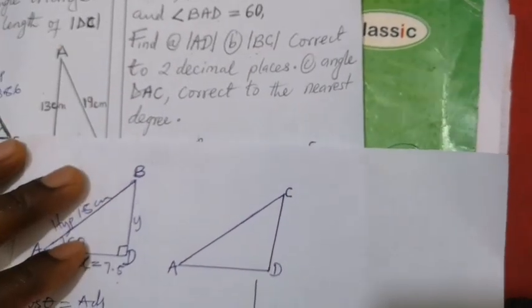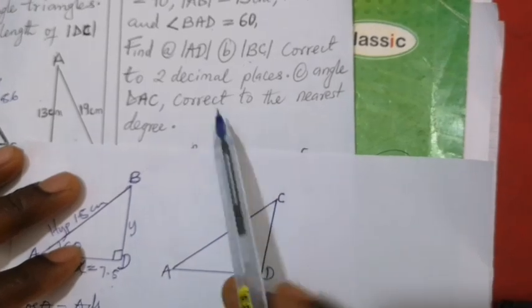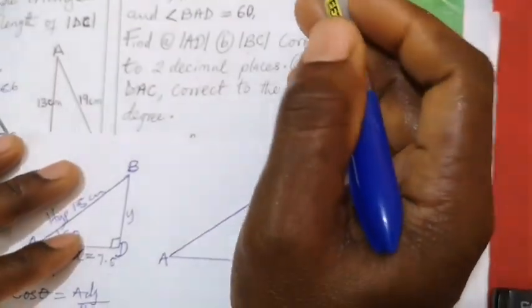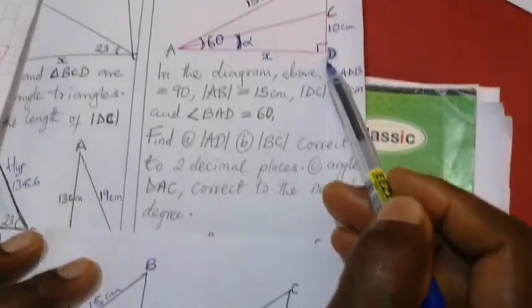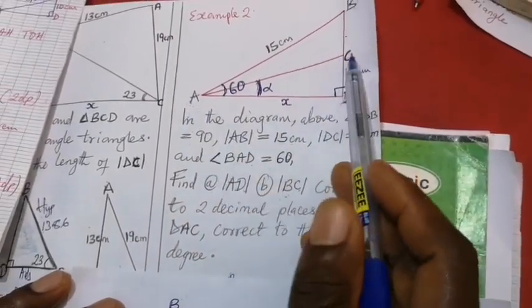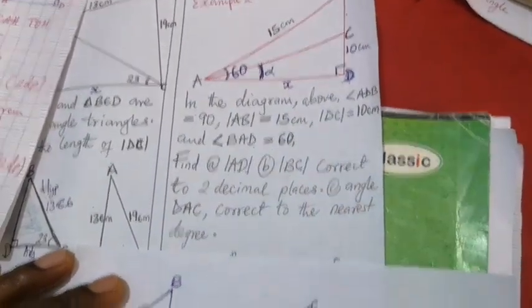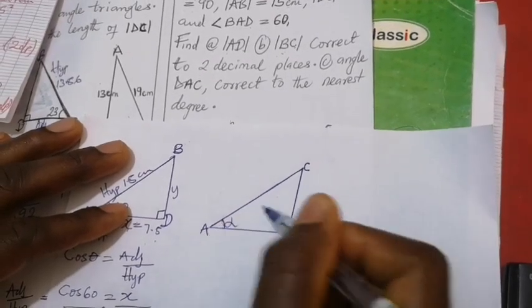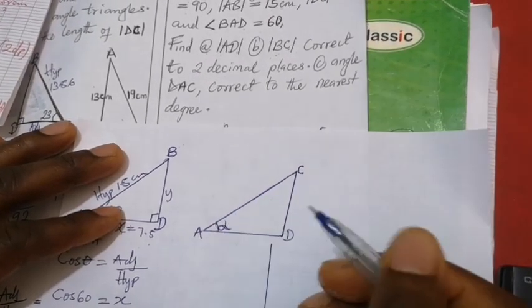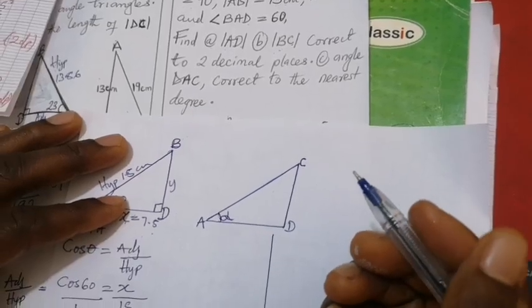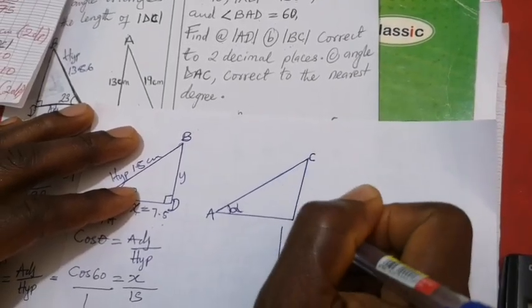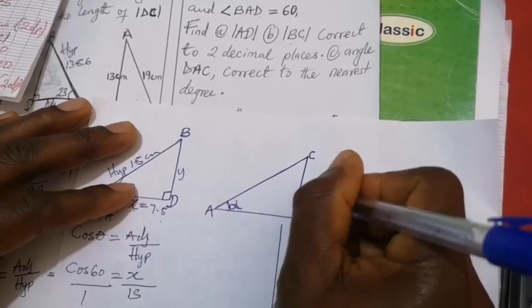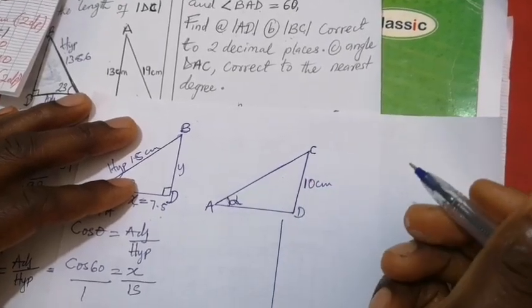Okay, now let's look at the last one. So we are to find the value of angle DAC. So the angle is alpha. Okay, and DC is 10 cm.